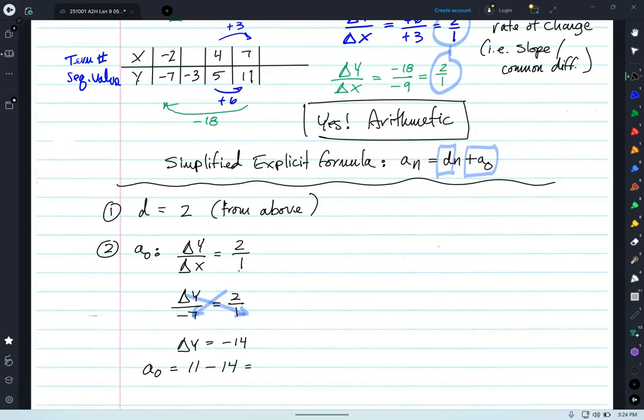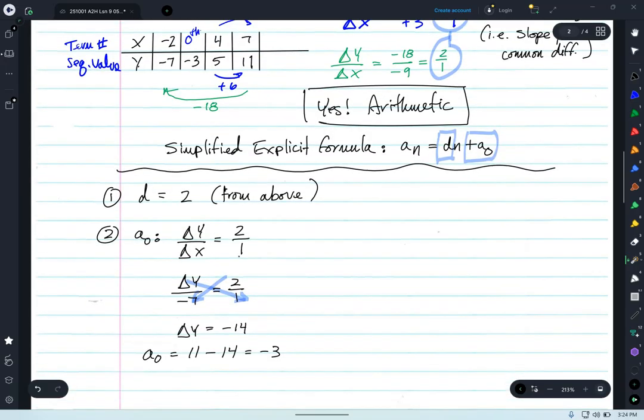And 11 take away 14 is negative 3. Oh, wait a second. From 11 to down here, 14 is negative 3. Wait, what term number is this? Yeah, that's the 0th term, isn't it? Okay, we figured that out now, because we got confirmation that our a sub 0 is at a sequence value of negative 3.